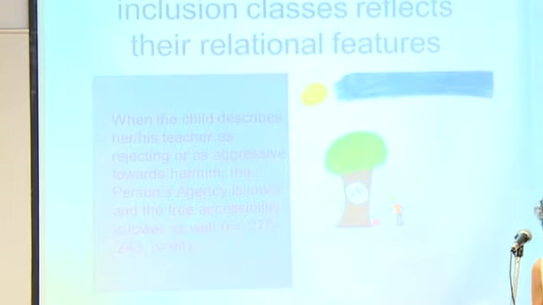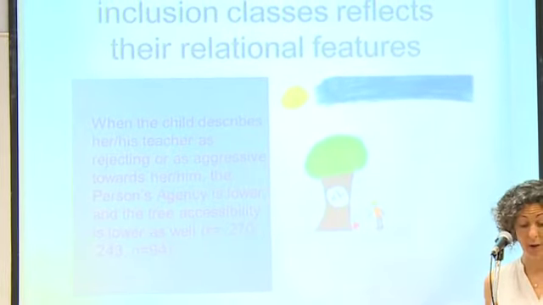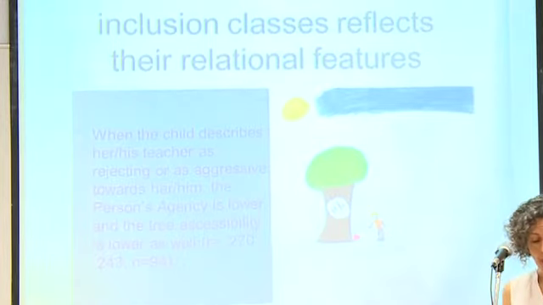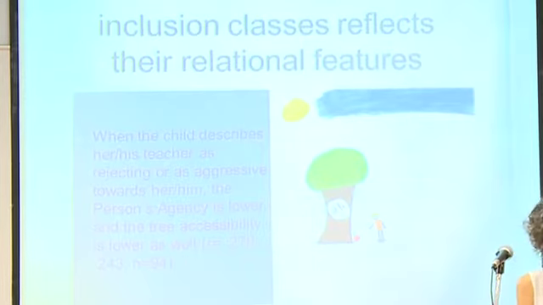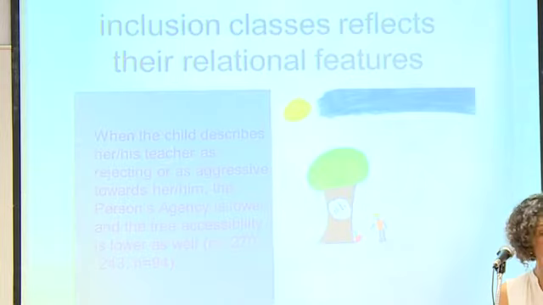So, in a collaborative research with the University of Crete, we collected about 700 PPAT of school children. We are now in the phase of analysis and found that in inclusion classes, the children reflect their relational characteristics with parents and teachers.